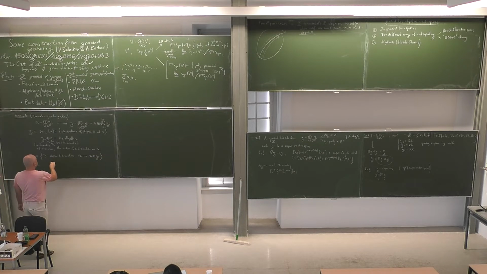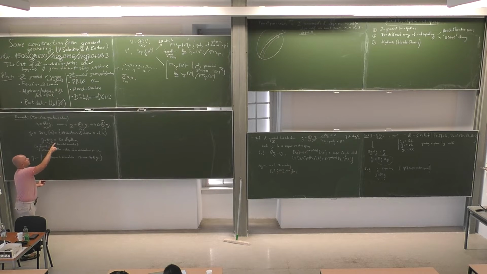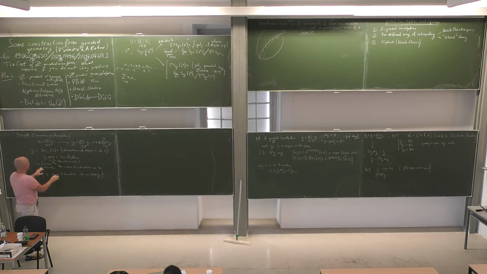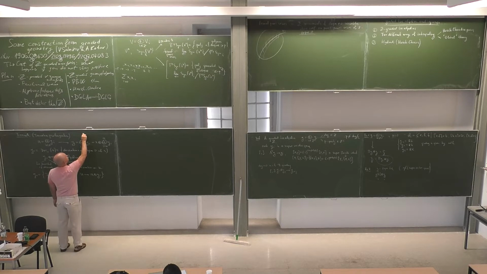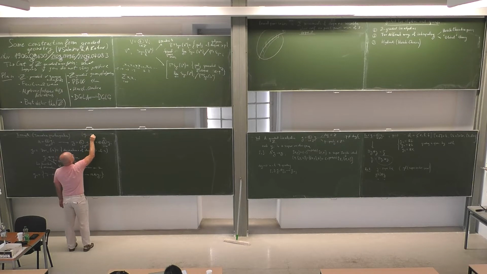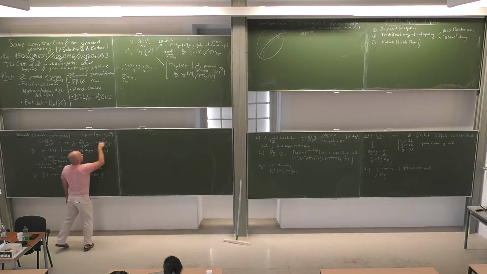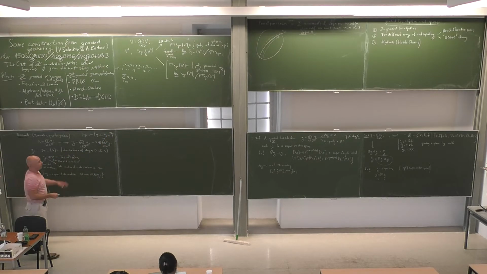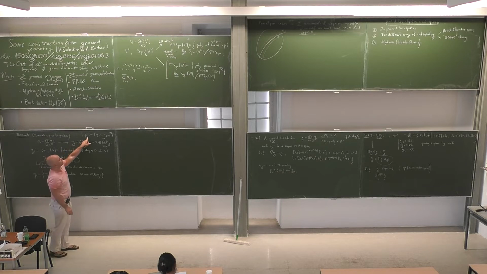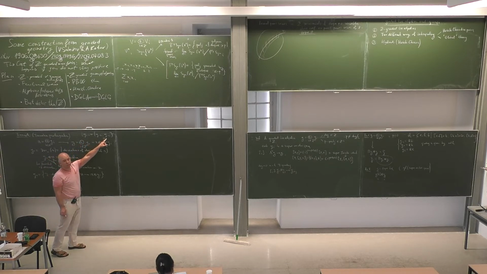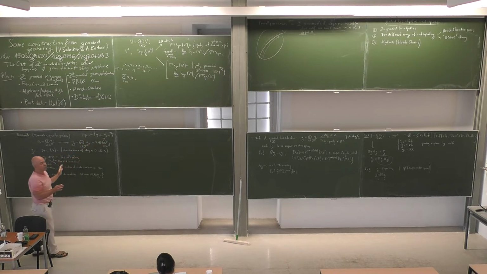Let me add, just to be on the safe side and make everything simpler, an additional property that g_{i-1} is totally generated by g_{-1}. This is an additional property which is required; otherwise the construction will be more complicated. It means that g_{-2} is the commutator of g_{-1} and g_{-1}, g_{-3} is g_{-2} with g_{-1}, and so on. So the whole algebra is generated by degree minus 1.